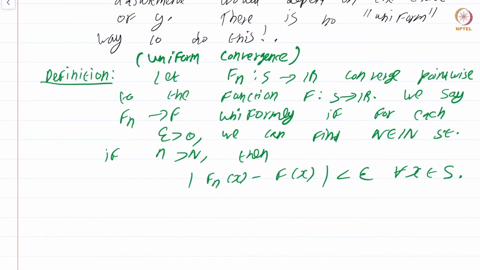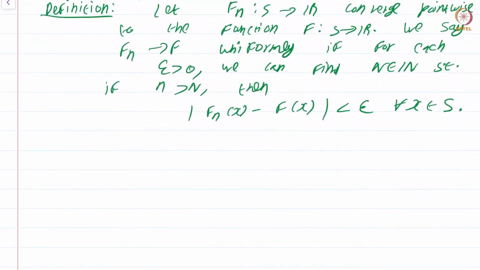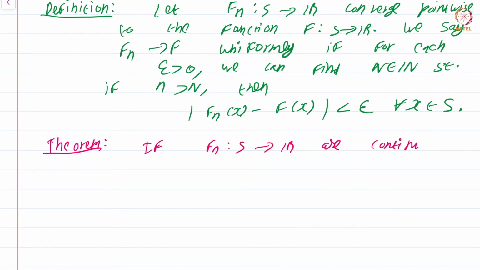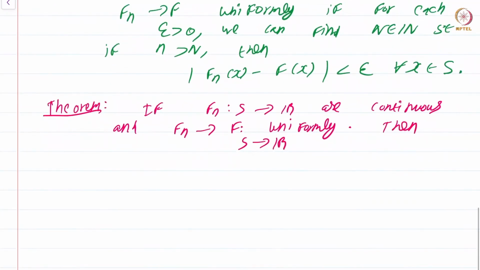Okay, so let's immediately prove a theorem, and this theorem's proof should be fairly clear. If fn from S to R are continuous and fn converges to f uniformly, of course f is from S to R, then f is continuous.